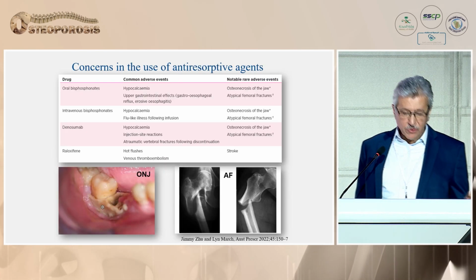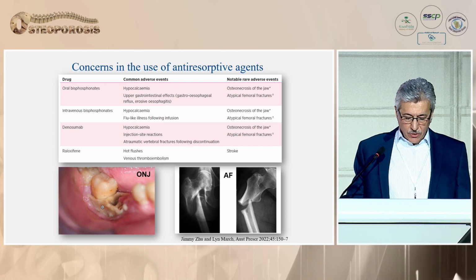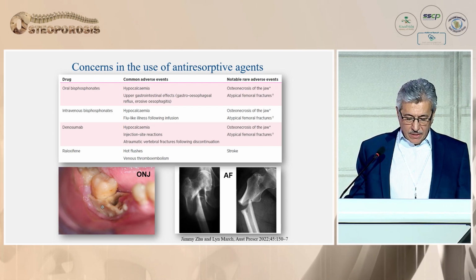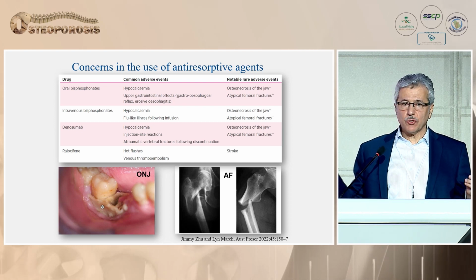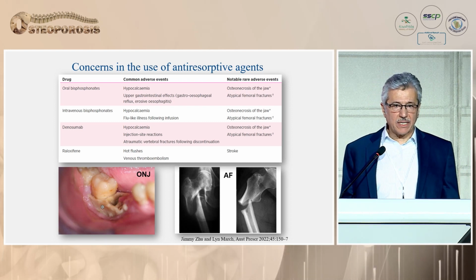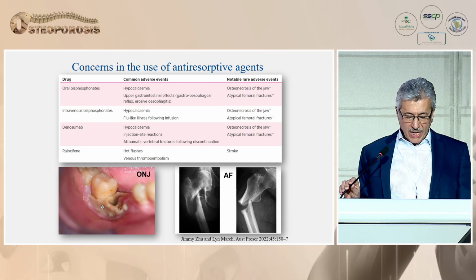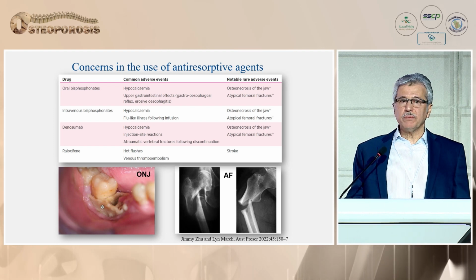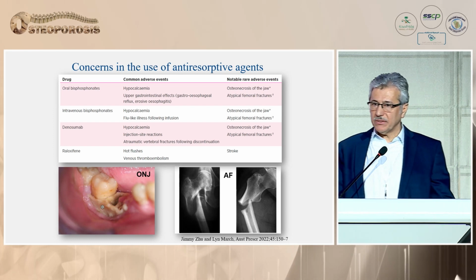Now, I have to mention that those agents do not come without side effects. With oral bisphosphonates, with all bisphosphonates and denosumab, because of their anti-resorptive effect, hypocalcemia can happen, especially in renal patients. So we have to be careful to be sure that our patients are not calcium or vitamin D depleted.